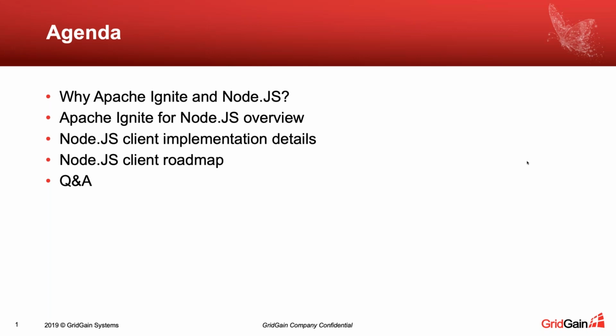The goal of that section would be to put out some of the implementation details so that you know how that client is different from other clients developed for other languages Ignite supports. And I'll also reveal some of our ideas for the Node.js evolution, how we are planning to develop and expand this client in the future. And for sure, we'll have enough time to answer your questions. So don't hesitate to ask your question using the chat window.